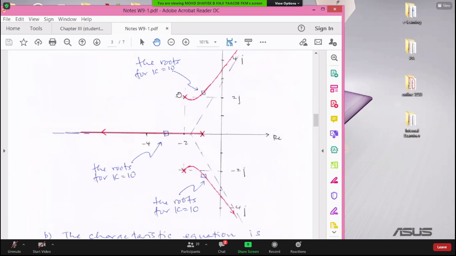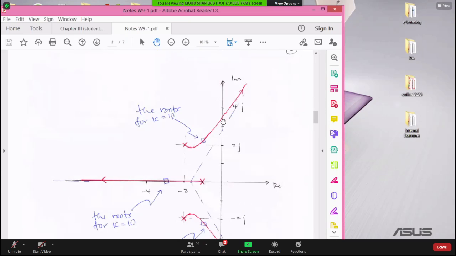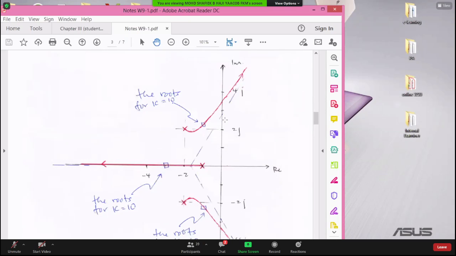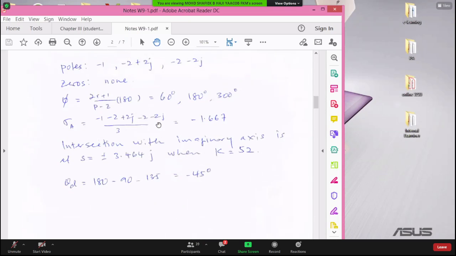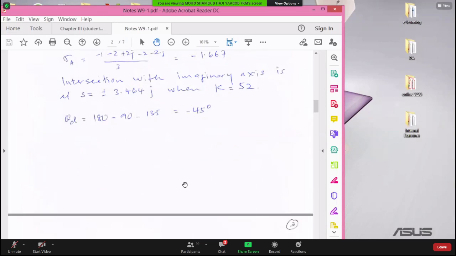So there are your 3 poles. To the left, you only have 1 pole on the real axis. So to the left of the real axis, you have this locus, and the intersection with the imaginary axis happens at plus and minus 3.4j. So that's 3.4j for you. The departure angle is at negative 45 degrees.